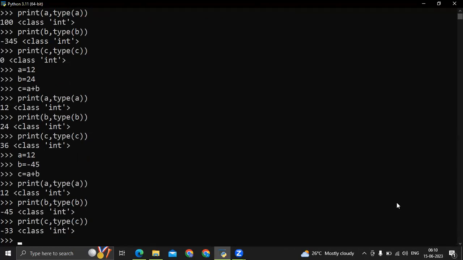This way we can solve the problems. Now with the int data type, we can also store 4 different types of number system data.